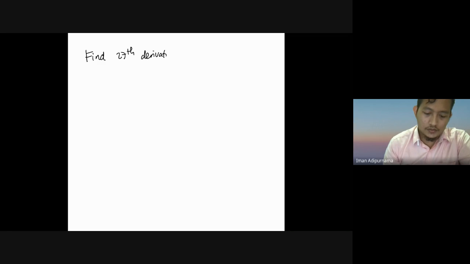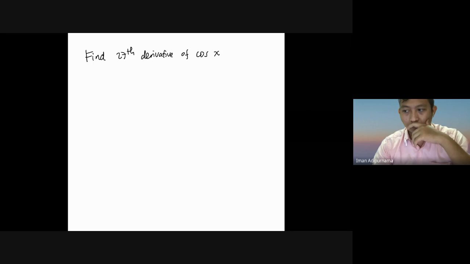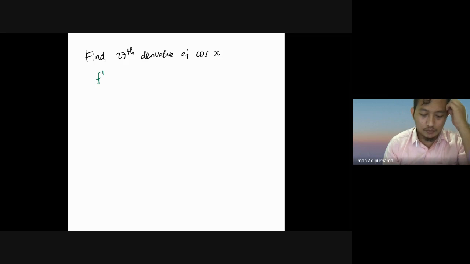Find the 27th derivative of cosine x. So usually you have f prime, right? F double prime, and this is f^(27).